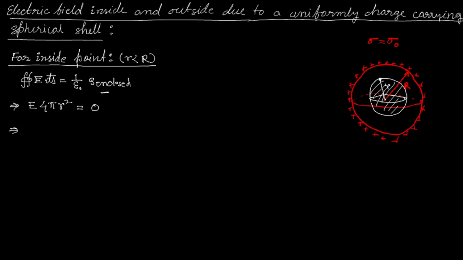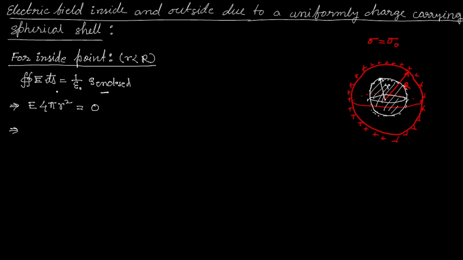Or it may happen that everywhere the electric field is in the radial direction, but the magnitude of the electric field is 0. If everywhere the electric field is 0, then also this surface integral will be 0.